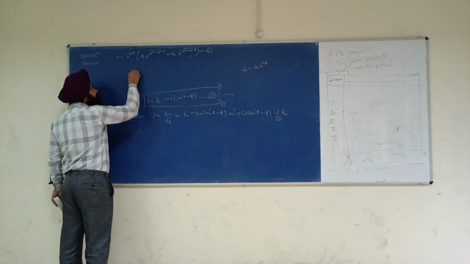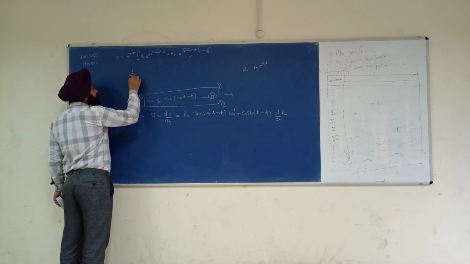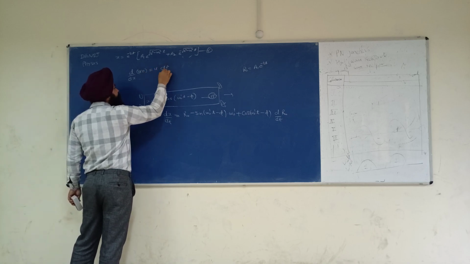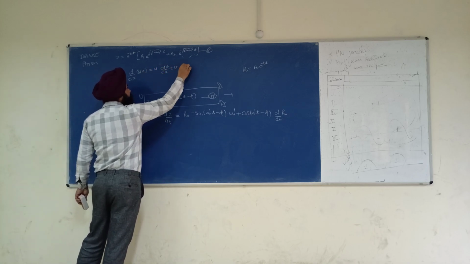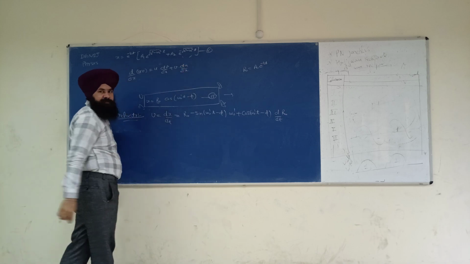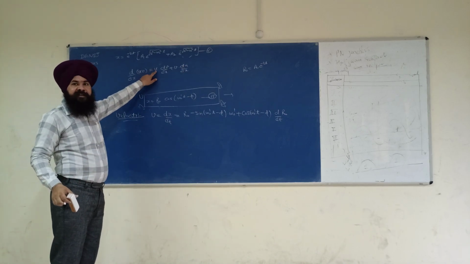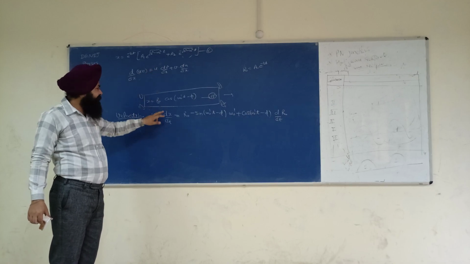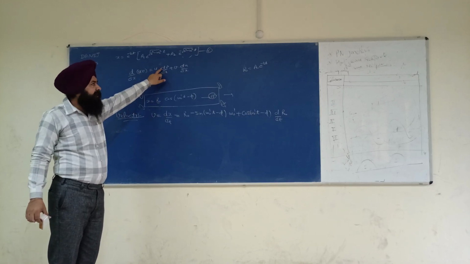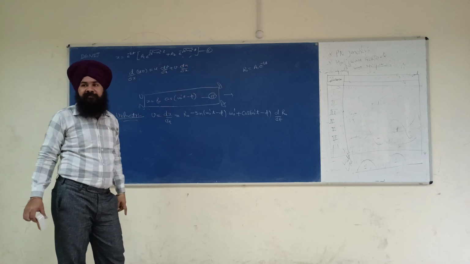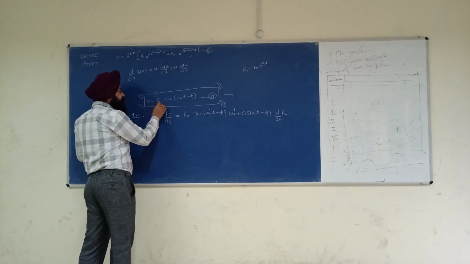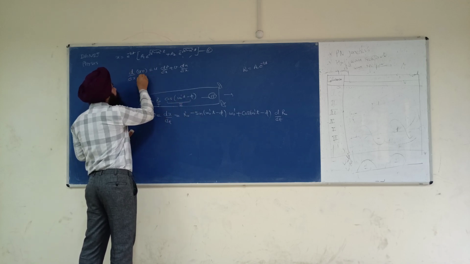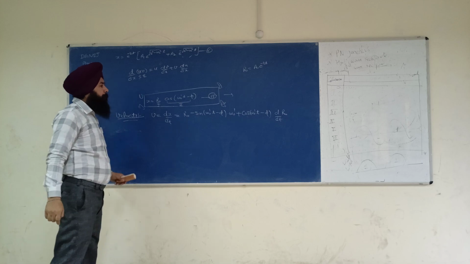The formula is d by dx of uv equals u dv upon dx plus v du upon dx. The first function is taken as a constant; apply the derivative of the second function, then the derivative of the first.